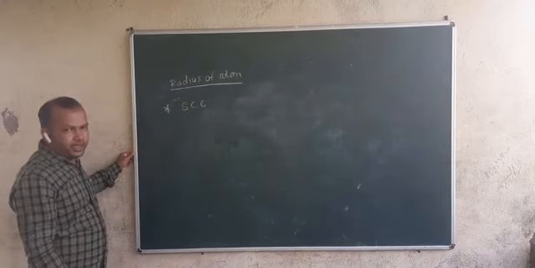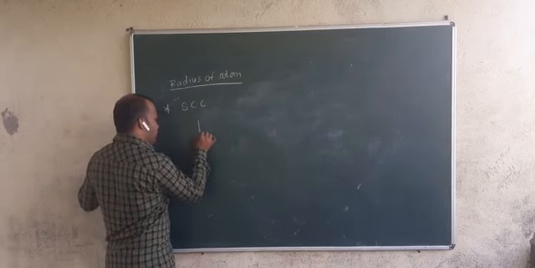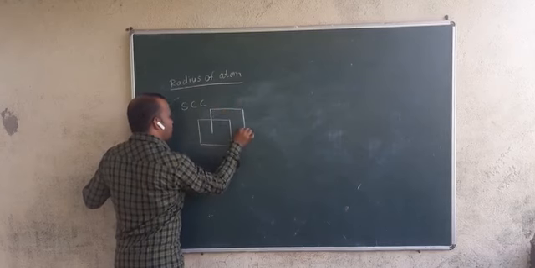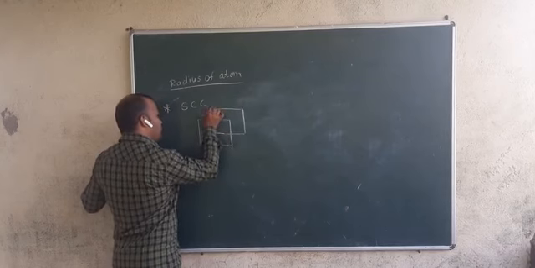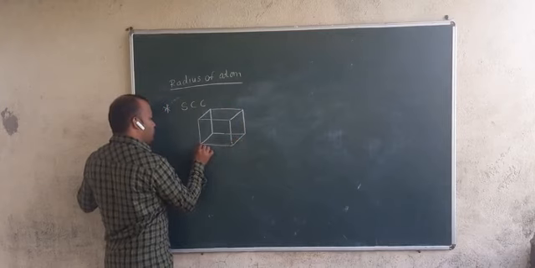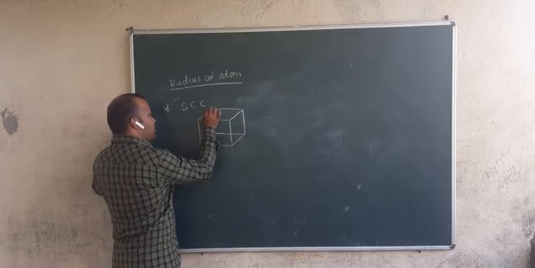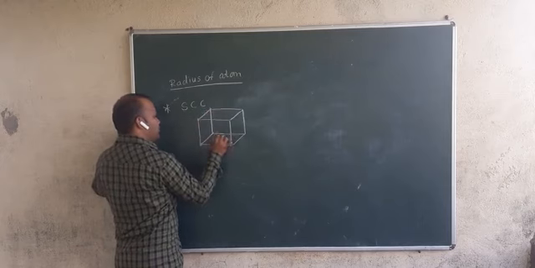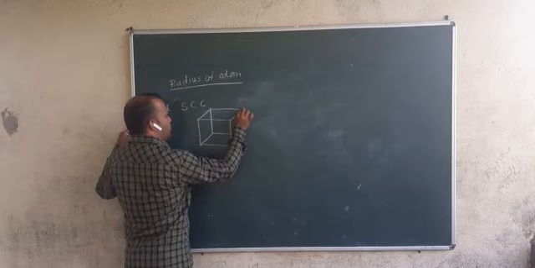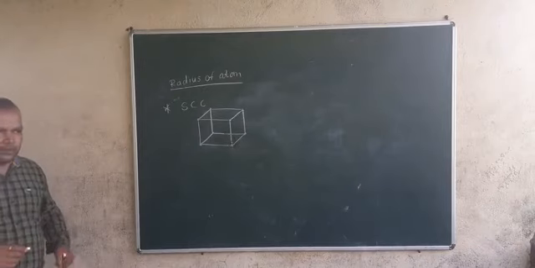Simple cubic crystal. Now, as you know, how to draw the simple cubic crystal. Eight constituent particles are at 8 corners.